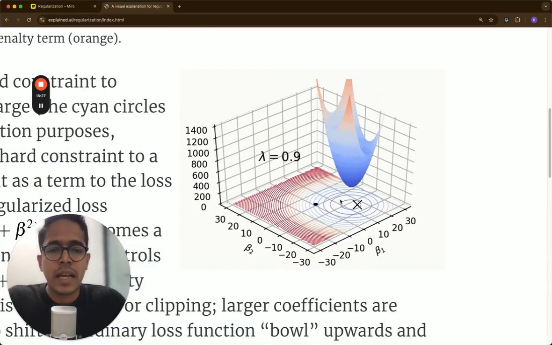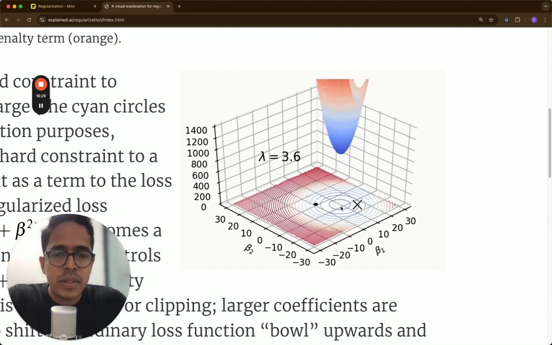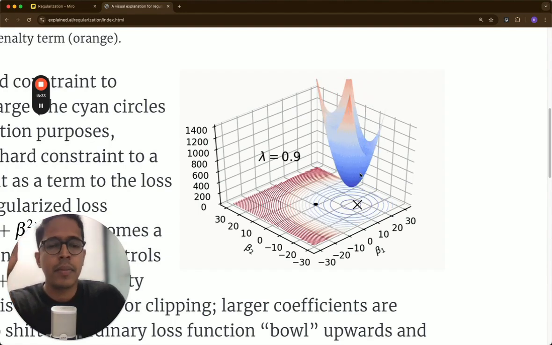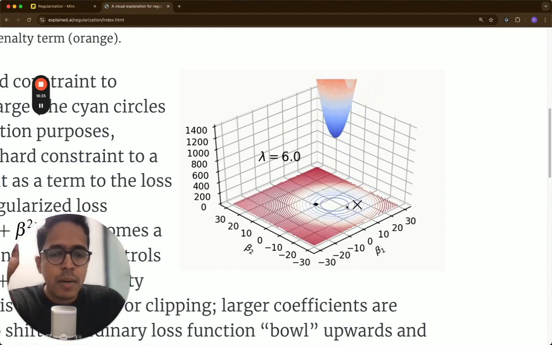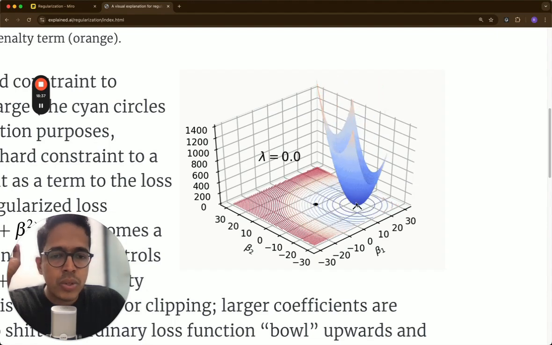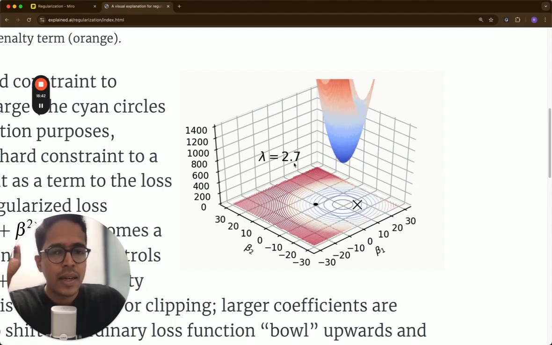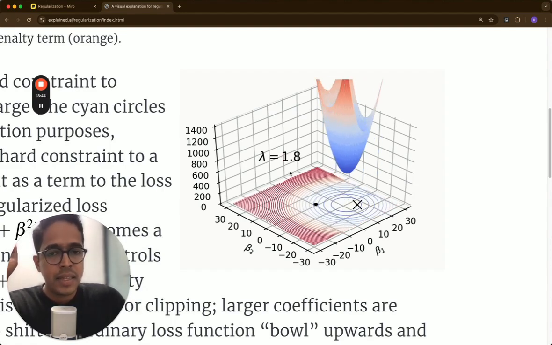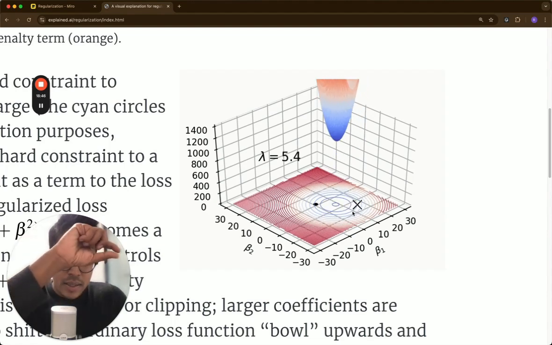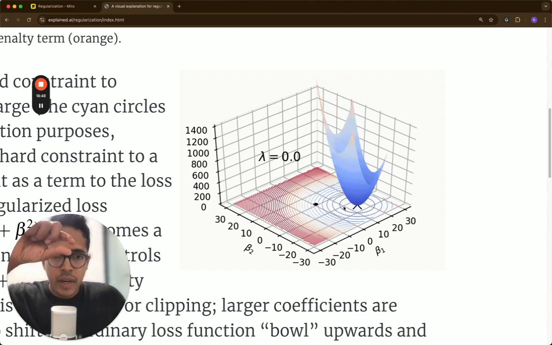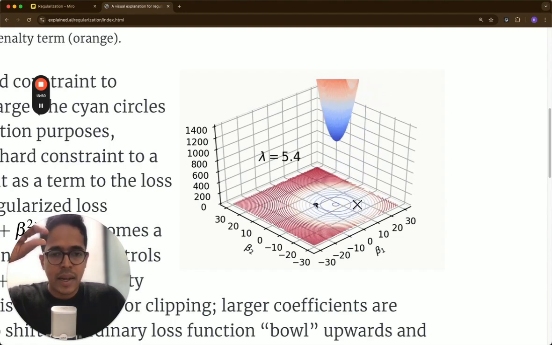So just look at what's happening to these blue concentric circles, which is the location where the entire function is being minimized. You see that initially that blue concentric circle is exactly close to this cross, the center of the blue concentric circles, when lambda equal to 0. As lambda is increasing, you can see that the center of those concentric circles is moving closer and closer towards this black dot.